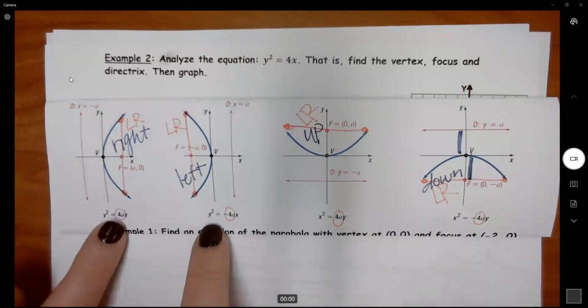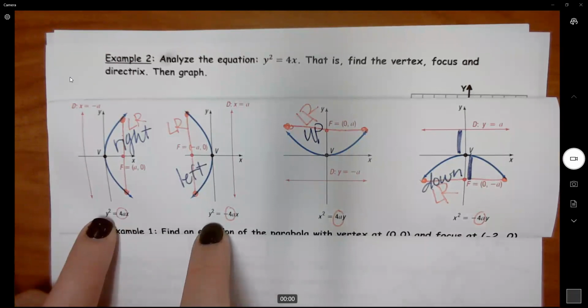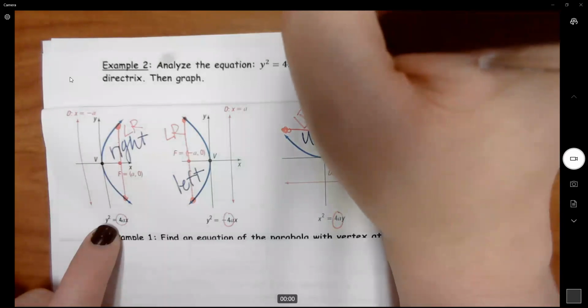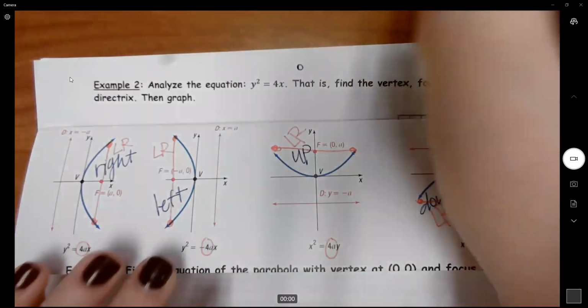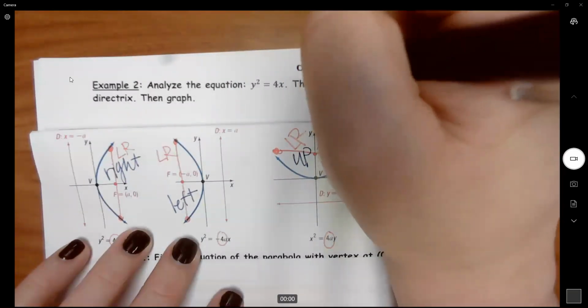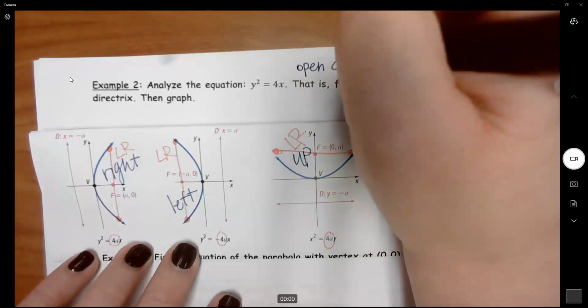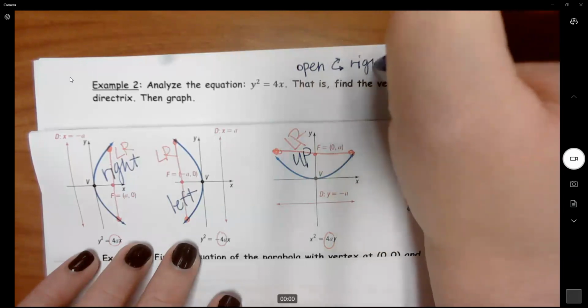You know it's got to be one of these 2 because it has the y squared, and because it's a positive 4x, that means it's going to be this one here. So I know this parabola is going to open to the right.